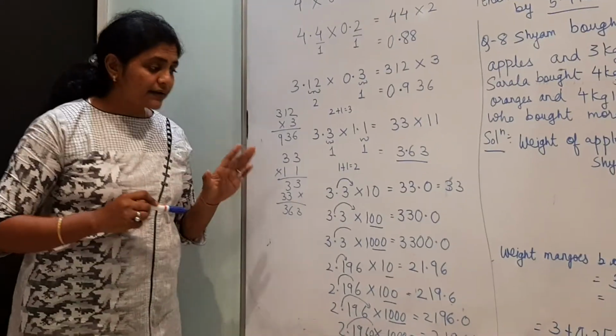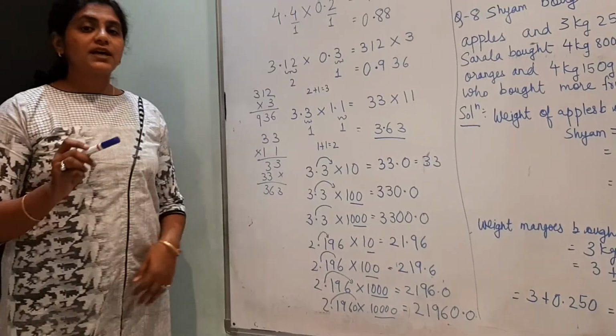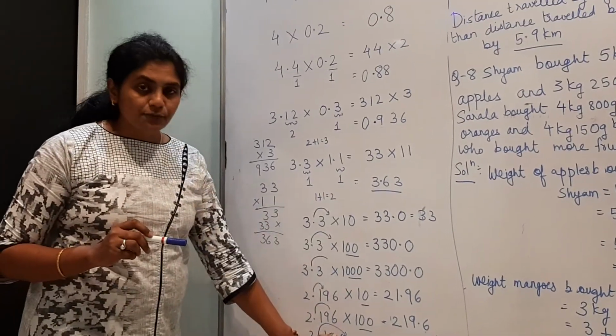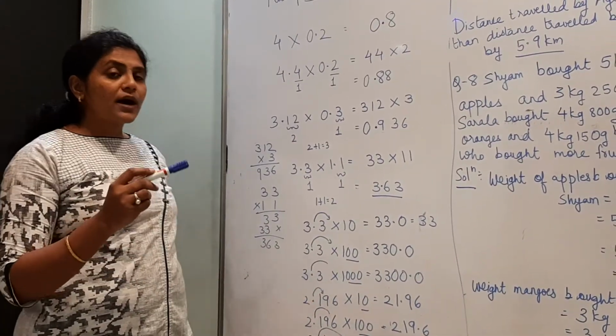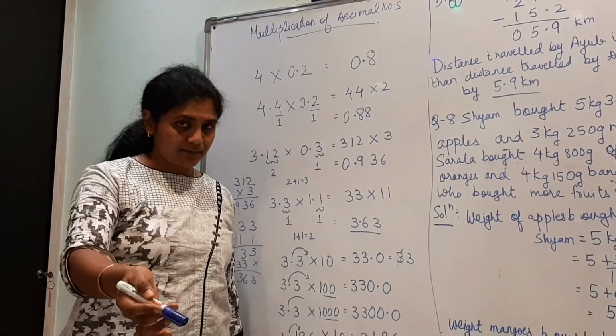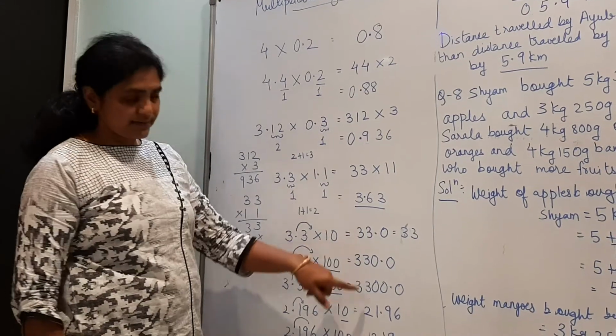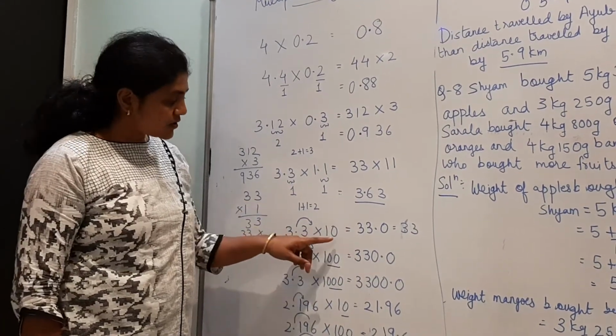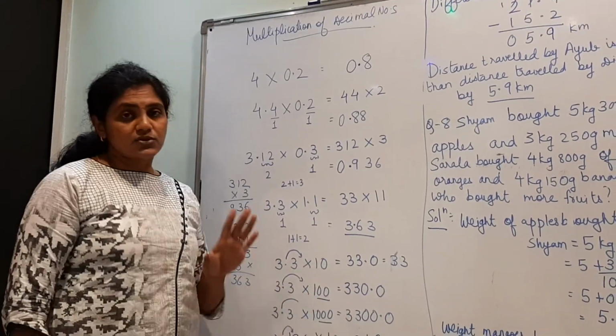Hope you have understood and recalled multiplication by factors of 10. It means you have to shift the decimal to the right, and it depends on the number of zeros.